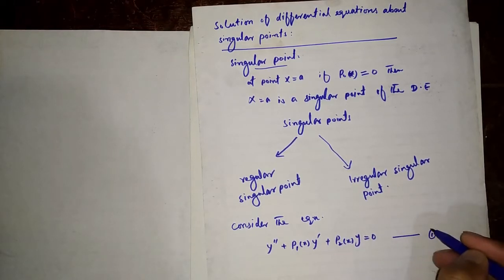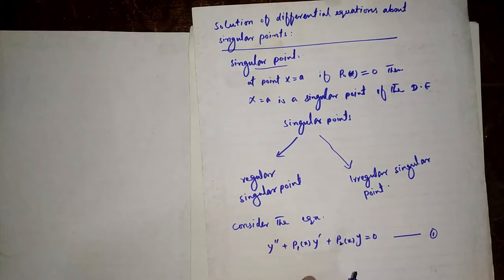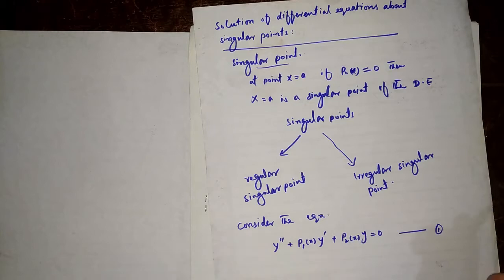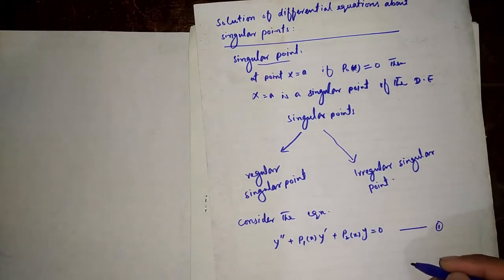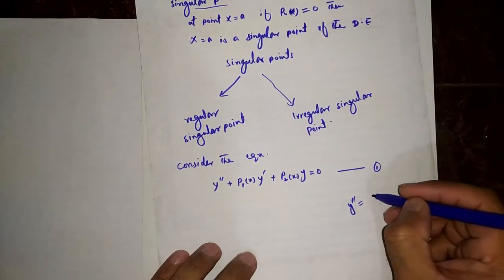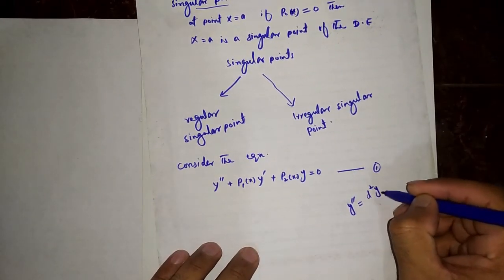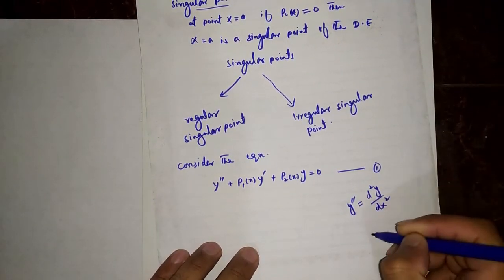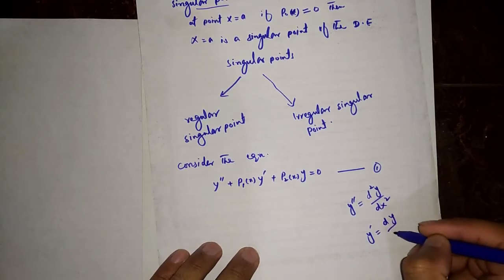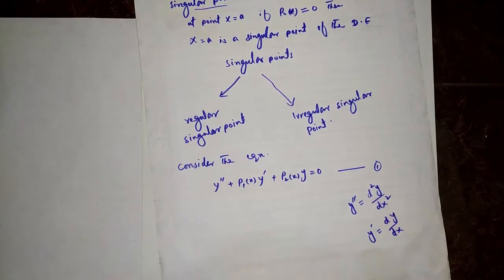Let this be equation number 1, or we can write it as d square y upon dx square plus p1 of x dy upon dx plus p2 of x y. By y double prime we mean d square y upon dx square, and by y prime we mean dy upon dx. Clear?